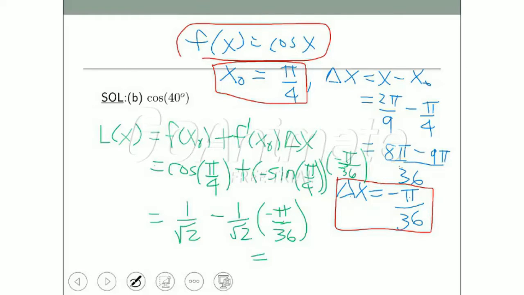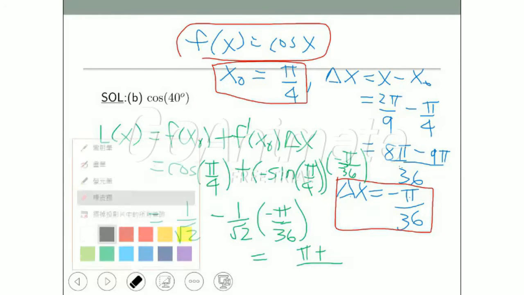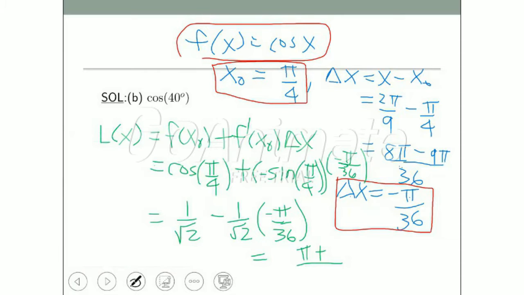So this is just equal to (pi plus 36) over (square root 2 times 36). So in fact, that's the approximation to cos of 40 degrees.